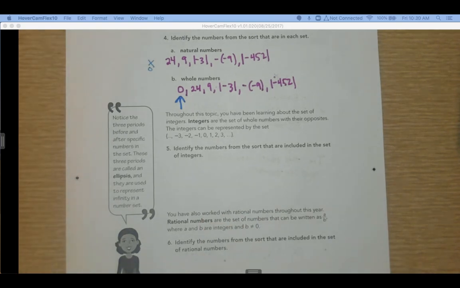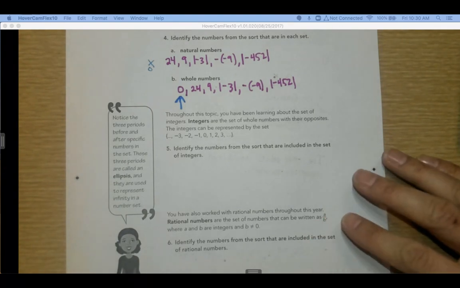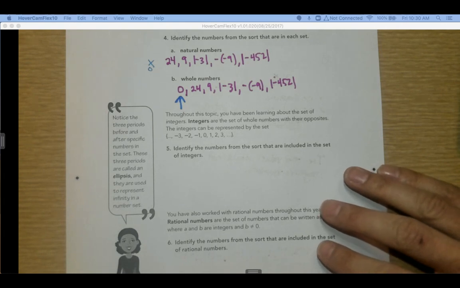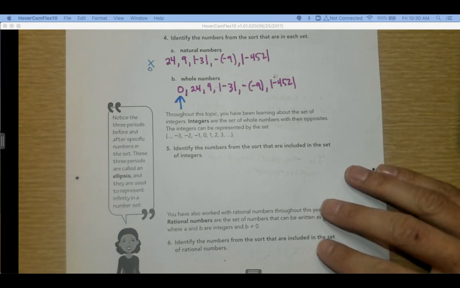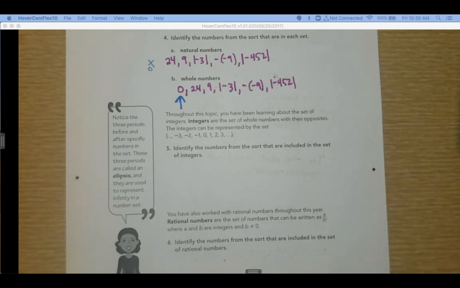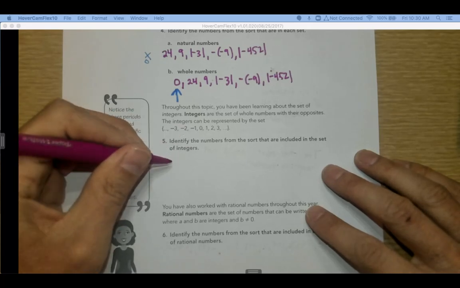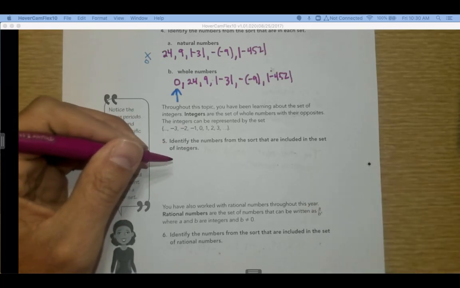Throughout this topic, you have been learning about the set of integers, which I got mixed up on at the first question. Integers are the set of whole numbers with their opposites. The integers can be represented by the set of all negative and positive numbers. Identify the numbers from the sort that are included in the set of integers. Okay.